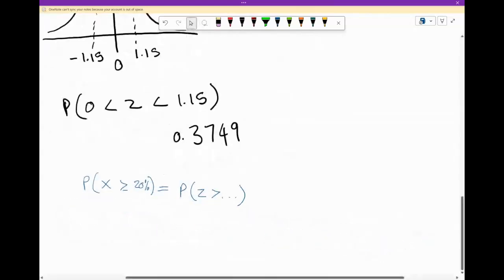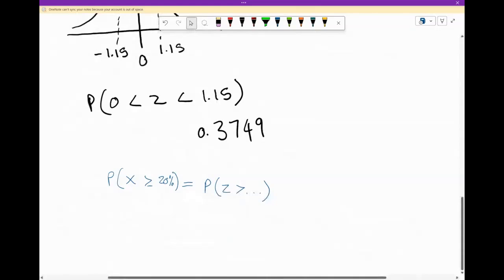The objective here was to get the probability of X being equal to or greater than 20%. And remember, we said when something is equal to, let me do this in red now. I like the fact that we're discussing this because this is where we're going.